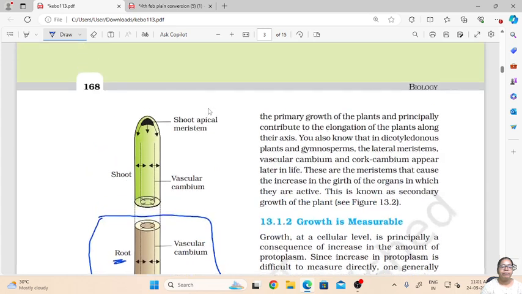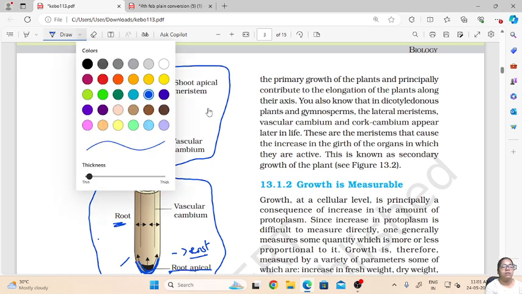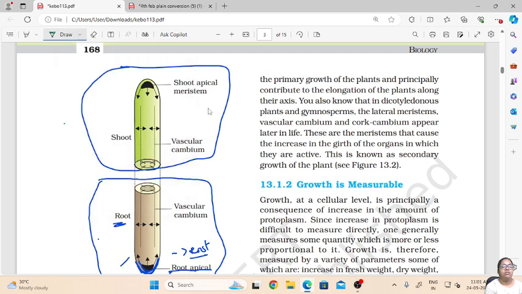Similarly, this part represents our shoot system. In shoots also there is a shoot apical meristem. So this will again form tissues.